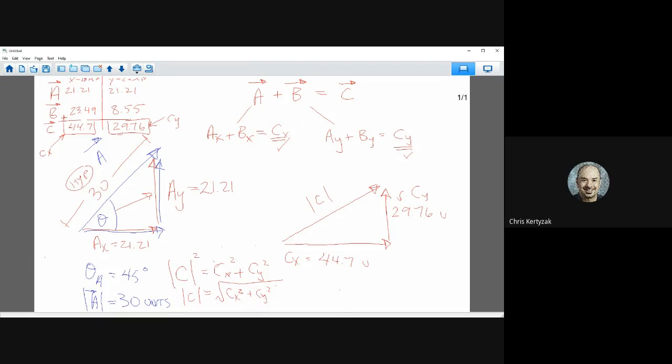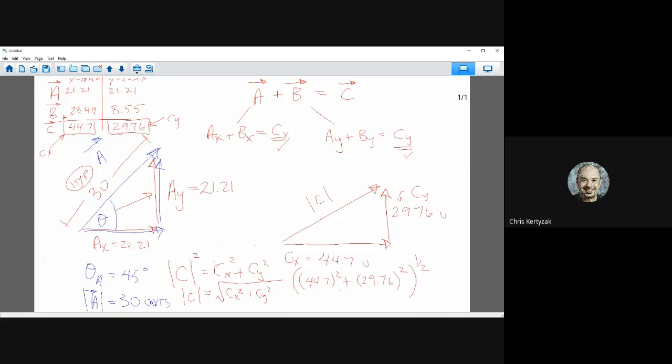That's just taking the Pythagorean theorem and writing it using symbols that apply to vectors. And so that's pretty easy to do. So what is Cx? 44.7 squared plus 29.76 squared. And then I'm going to square root that, raise it to the 1/2 power. So let's work that through. 44.7 squared plus 29.76 squared.